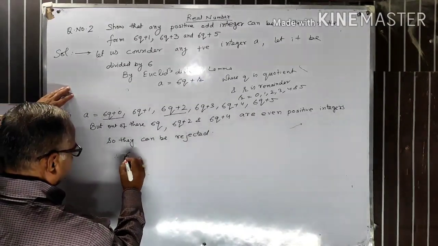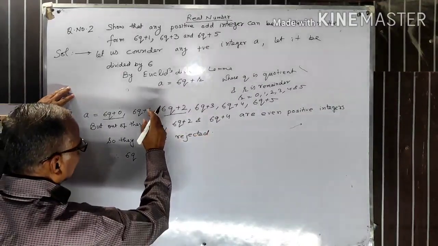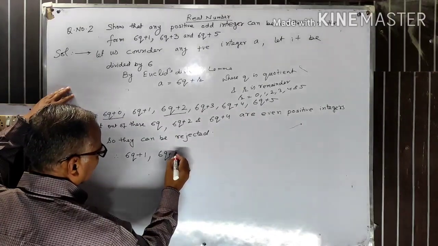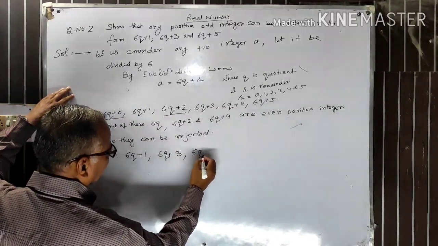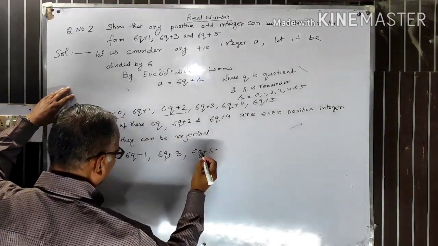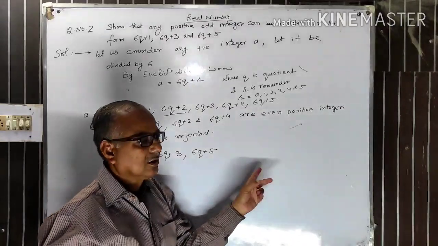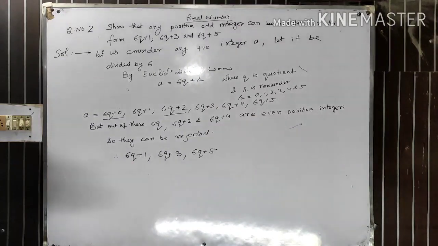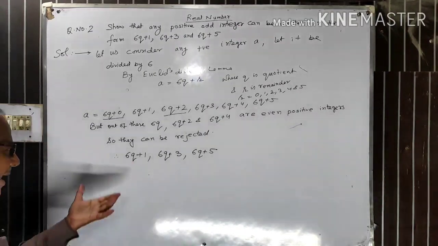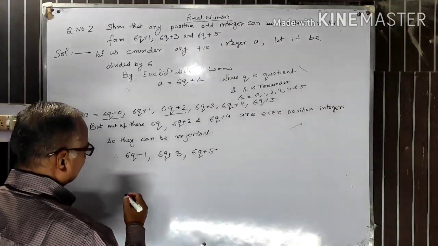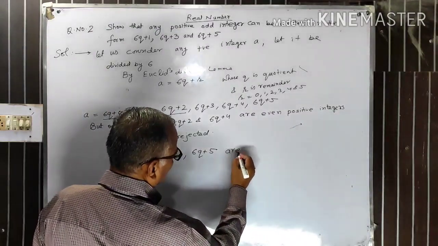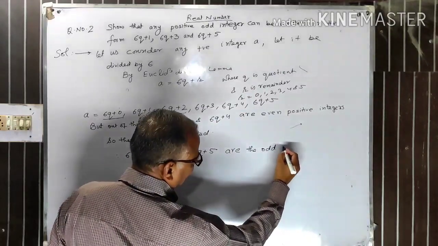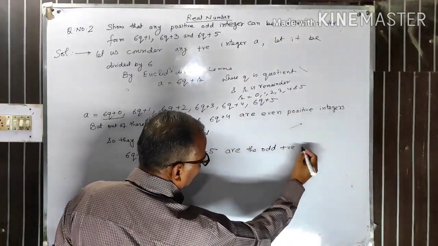Therefore rejecting these, we are left with 6q plus 1, 6q plus 3 and 6q plus 5, which are the odd positive integers.